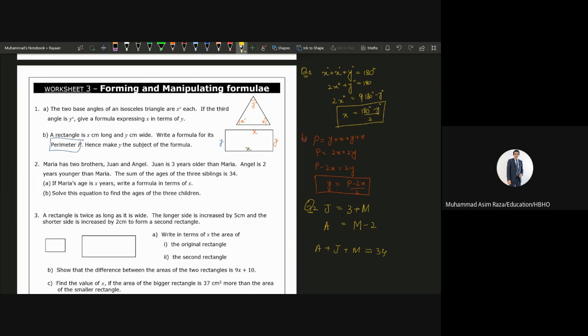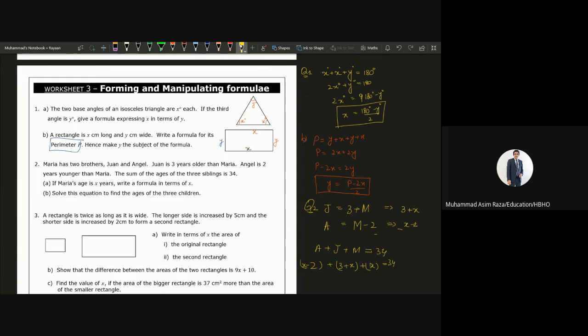So you see that if Maria's age is x, then J's age will be 3 plus x, then A's age will be x minus 2, and M was equal to x, which is equal to 34.